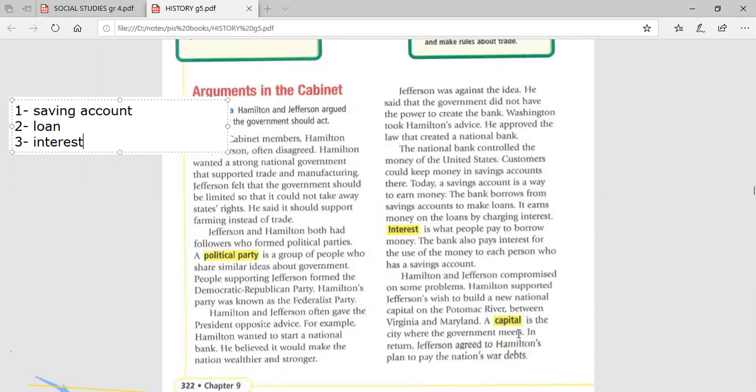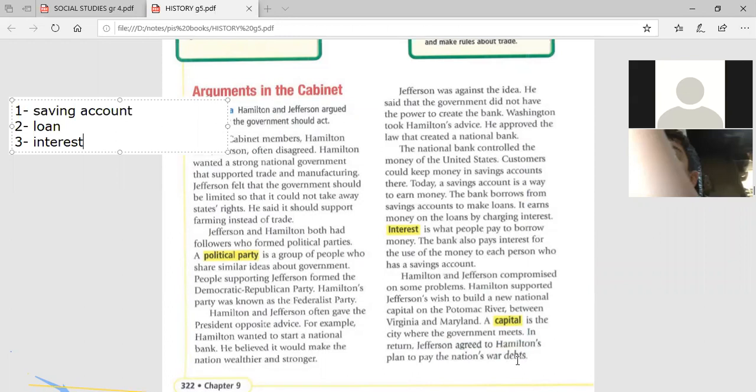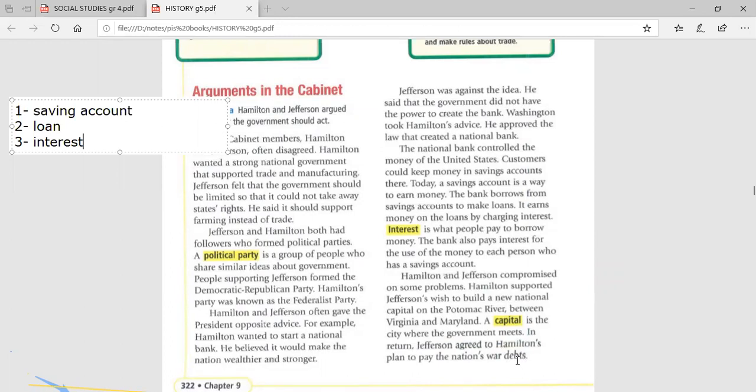So Jefferson and Hamilton both agreed to build a new capital, and both agreed to pay the war debts. The war debts, we took this word before, means the money that America took from other countries.